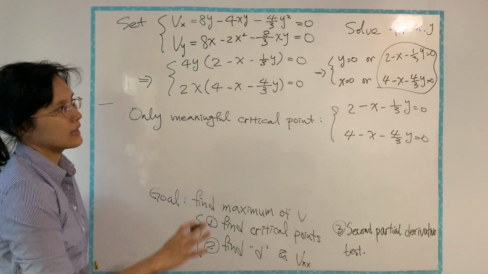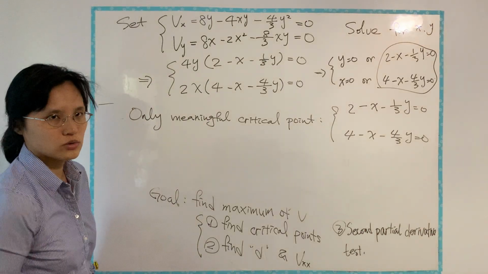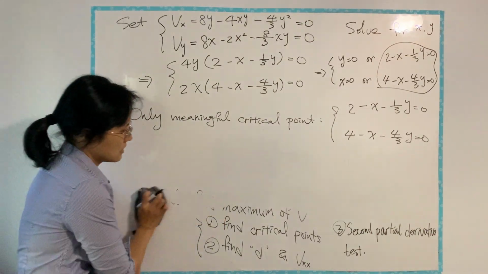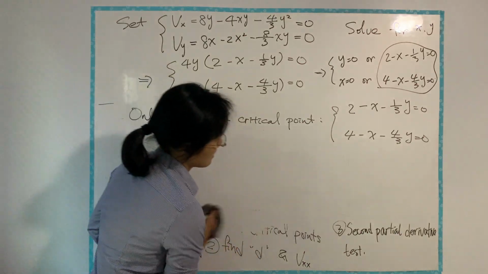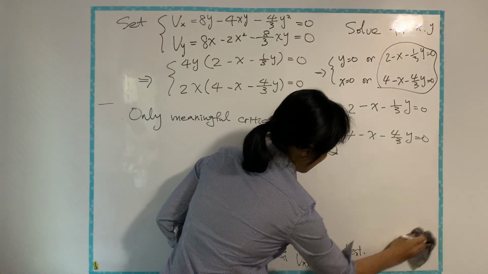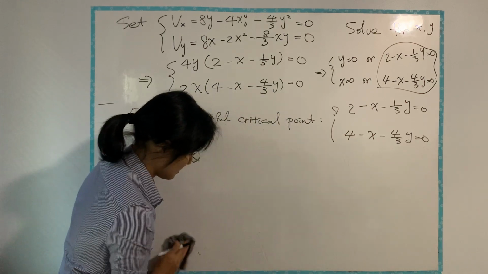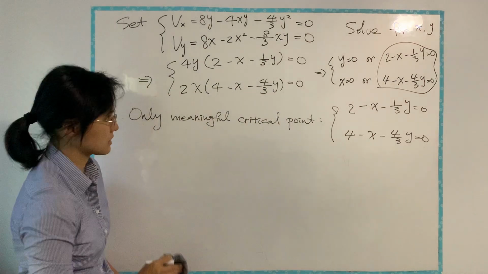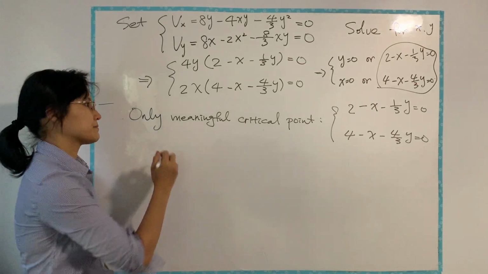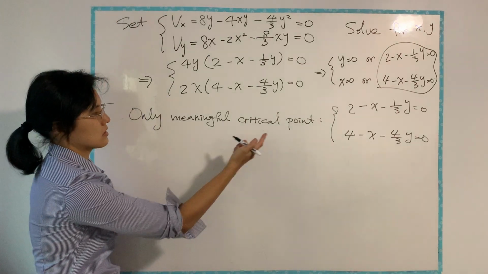Okay? I don't want x equal to 0. I don't want y equal to 0. Okay? Because either case does not give me volume of a box. I don't even have a box. Alright? So I'll solve that.